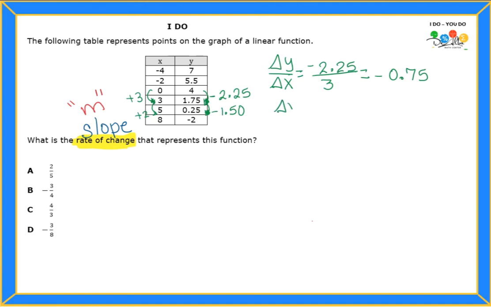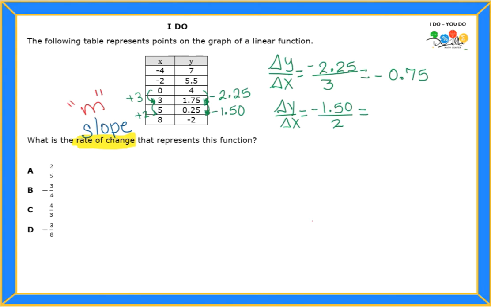Okay, very good. Now we're going to do the second point. Still the change of y over change of x, but now I'm going to choose the next numbers, which was my difference. So that will be negative 1.50 over 2. If you simplify that, or if you divide, remember there's two things you can do. On the top one, notice how I just divided straightforward.